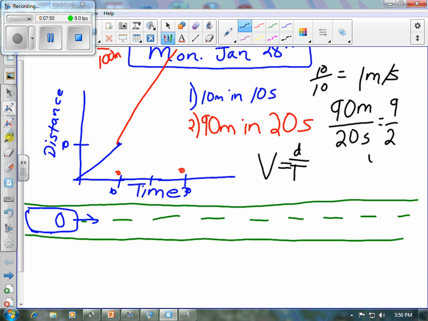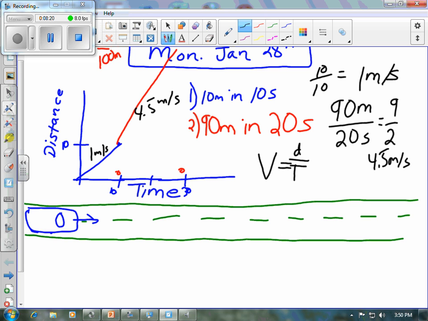Right, 4.5, and what are the units? Meters per second, very good, 4.5 meters per second. Okay, so you can see that you can get the velocity from a graph of distance versus time. And in the first part, we have 1 meter per second. And in the second part, we have 4.5 meters per second.